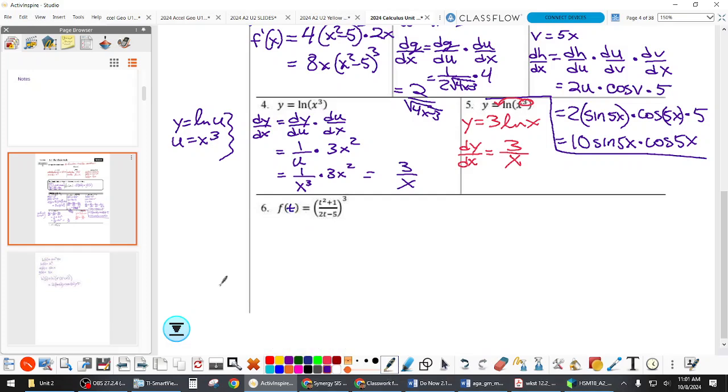Yep, quotient inside of chain. So, why don't you give it a shot? I'll just give you this advice that the quotient rule will be your g prime of x, right? Or your du dx. So it's a little bit longer because of that.